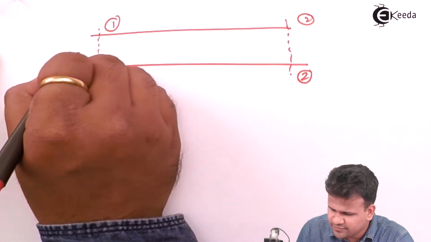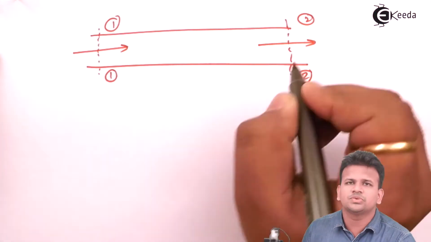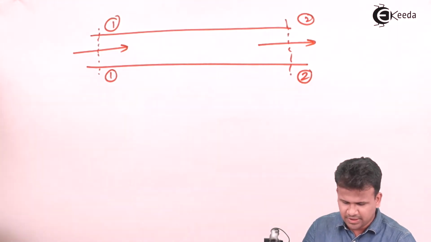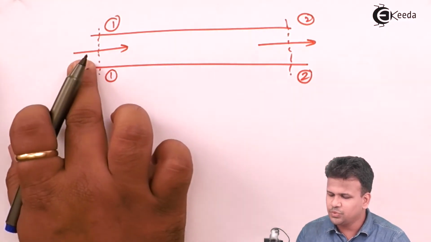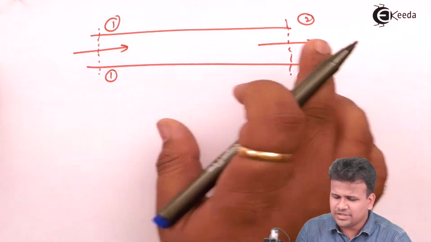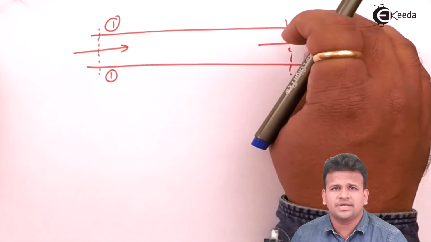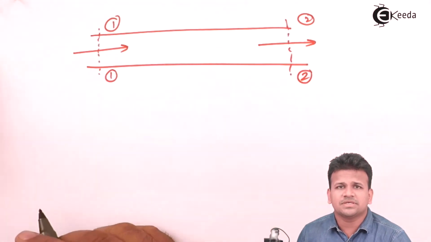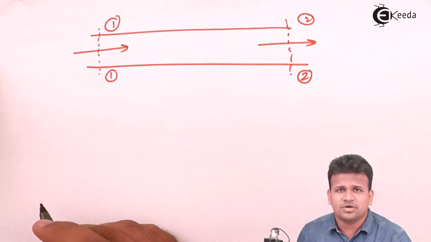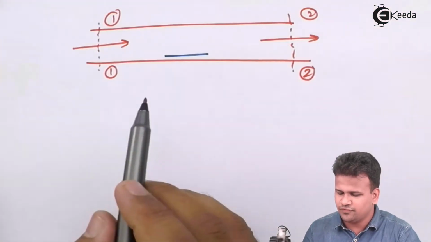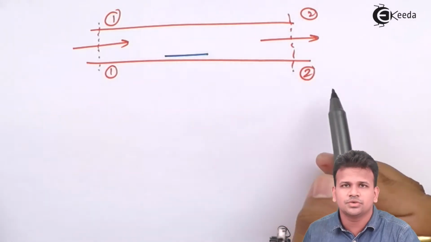The fluid is flowing from section 1 to section 2. Now, when it is flowing from section 1 to section 2, the fluid wants to flow in this direction.